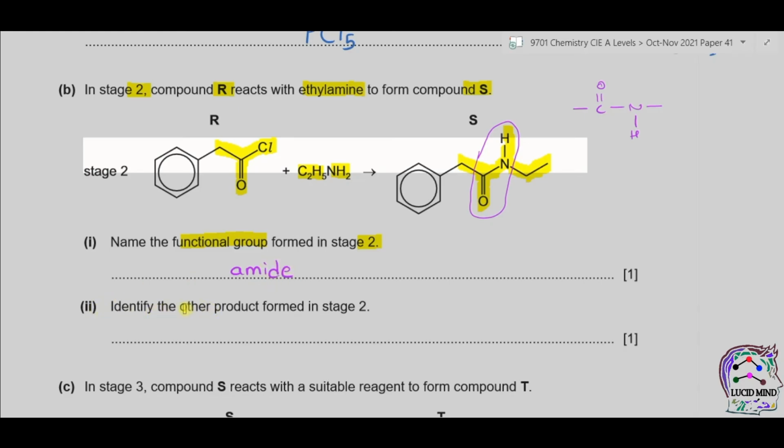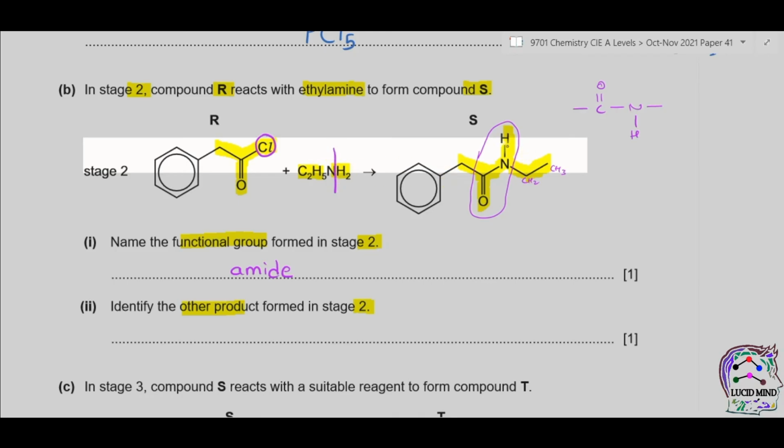Number 2, identify the other product formed in stage 2. As we can see, the chlorine on the reactant has been replaced with NH and CH2 and CH3, or NHC2H5.